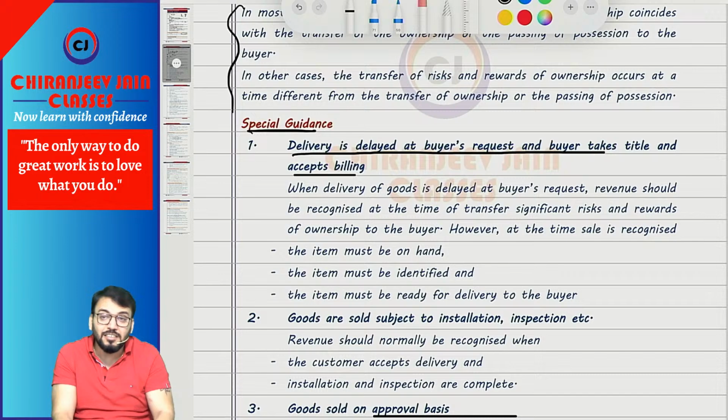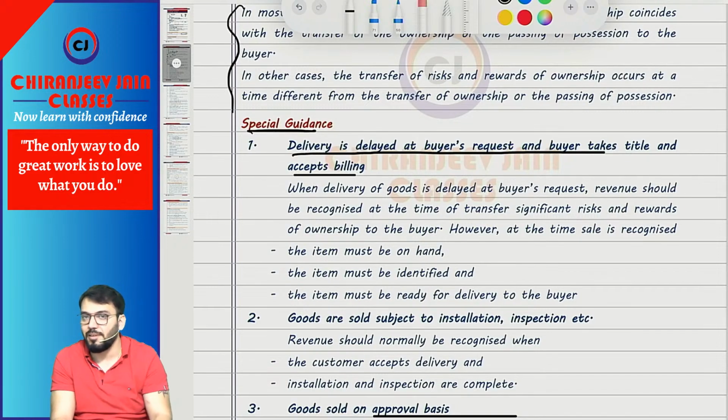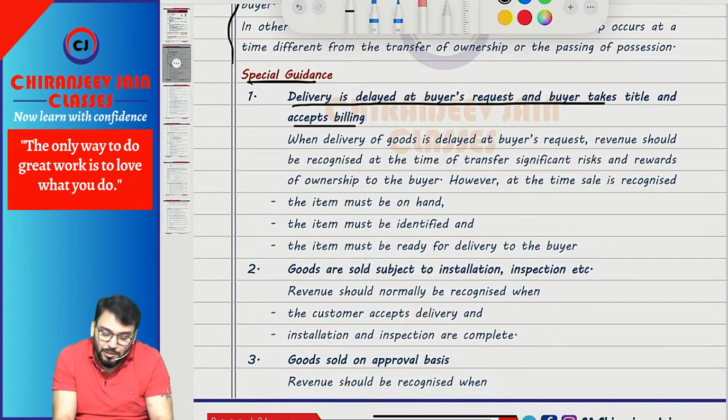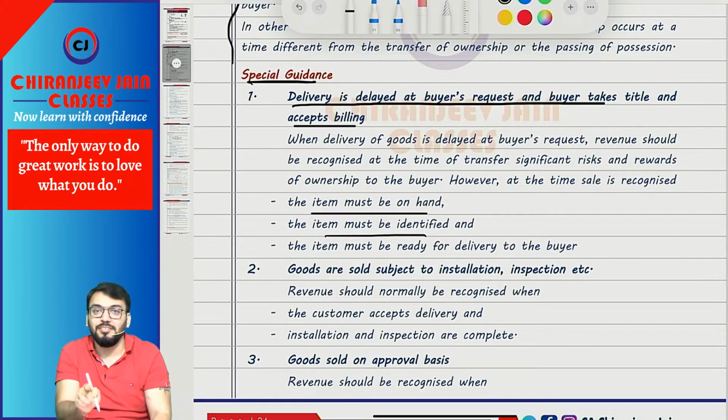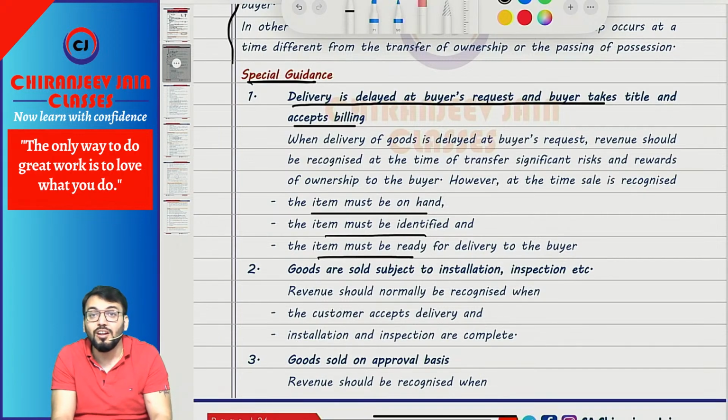Now the question is that till now the goods have not been transferred. So what AS9 says is that the risk and reward will be transferred if three conditions are satisfied. The item must be on hand. Item must be identified: it has been identified that the item belongs to the customer. And the item must be ready for delivery.